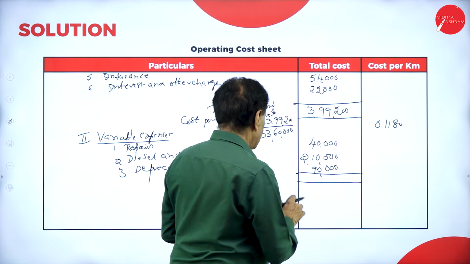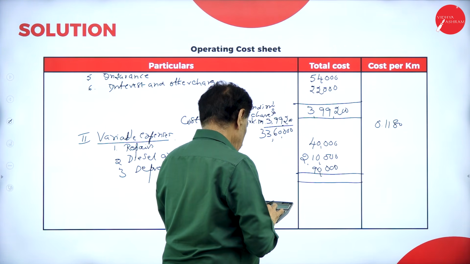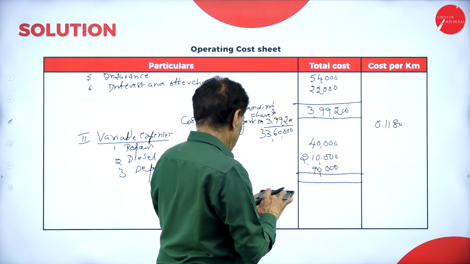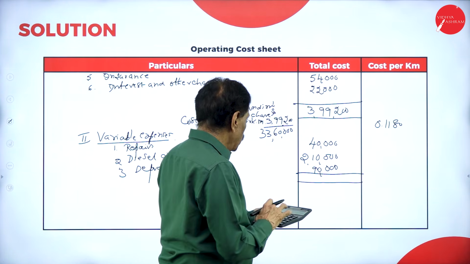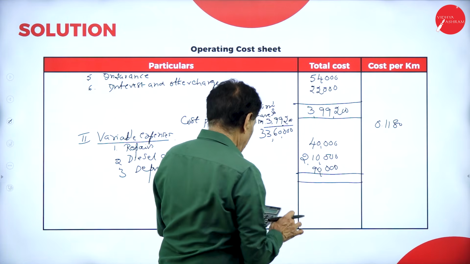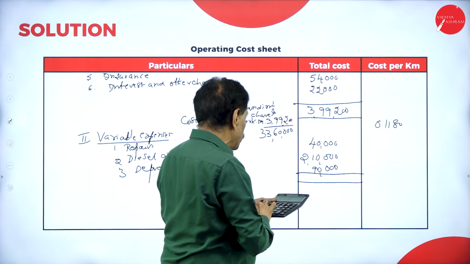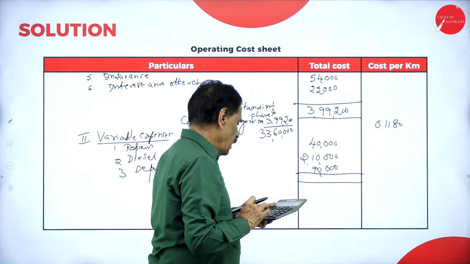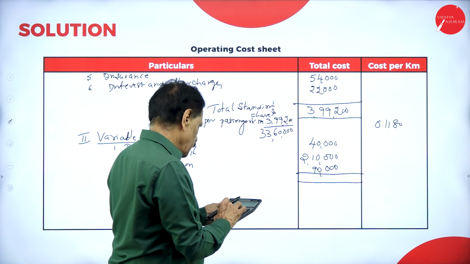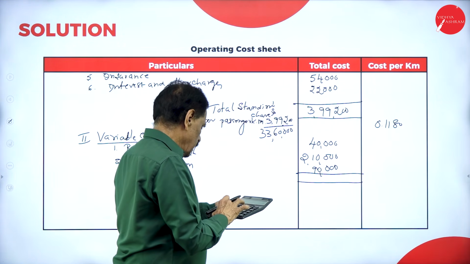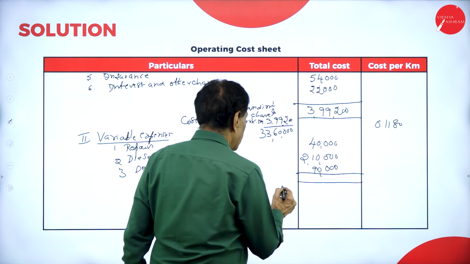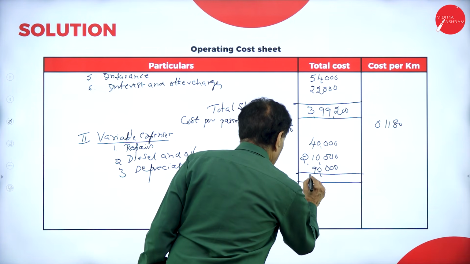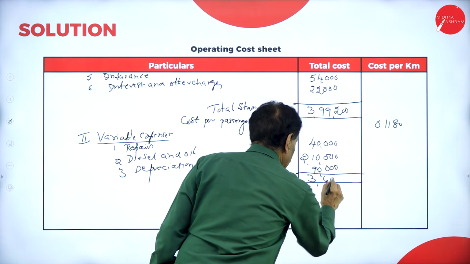The total is 3,40,000, divided by 33 lakh 60,000.